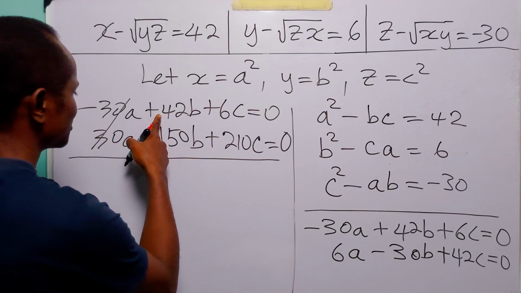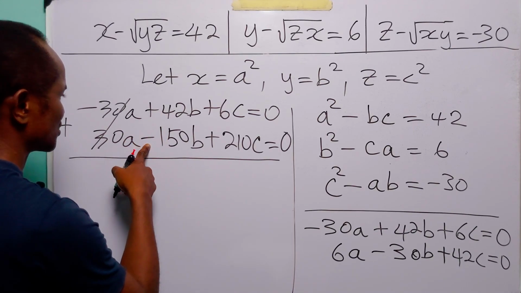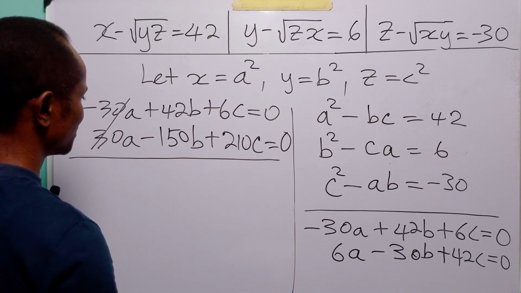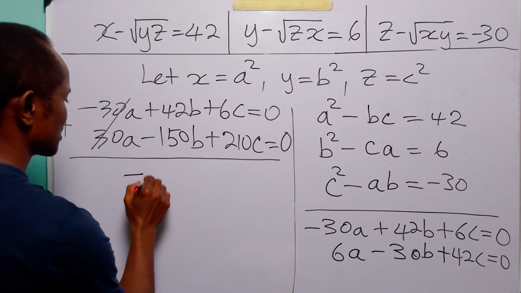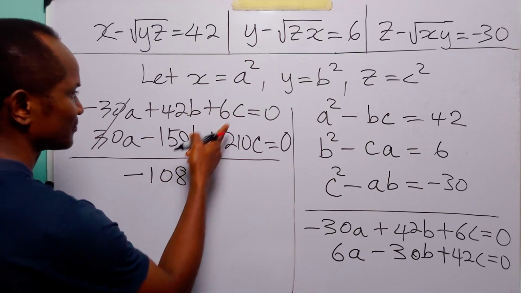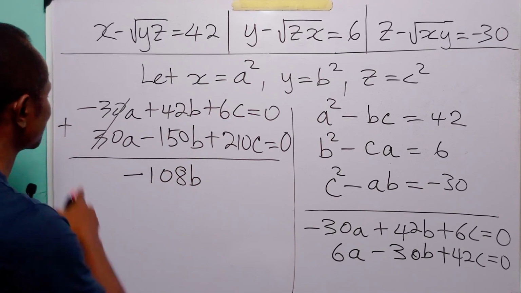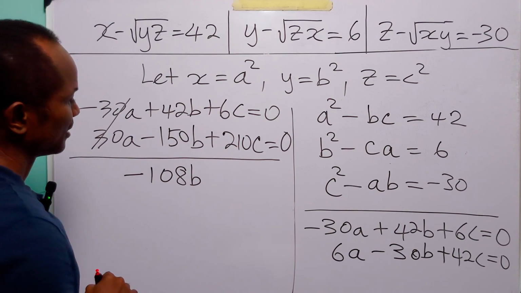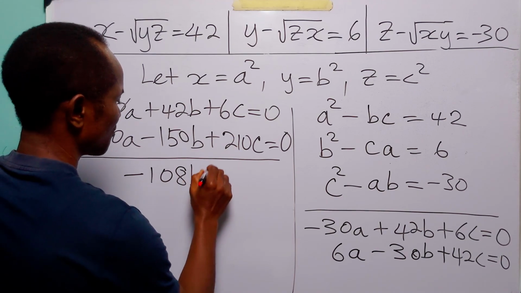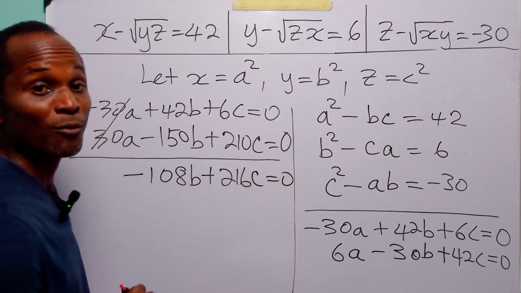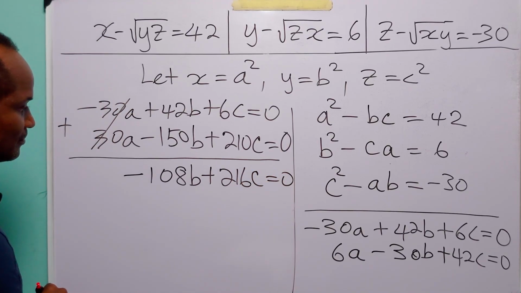We have 42 minus 150, of course, that is going to be equal to minus 108B. And then we have 6 plus 210C, that is going to be equal to plus 216C, and this is equal to 0.